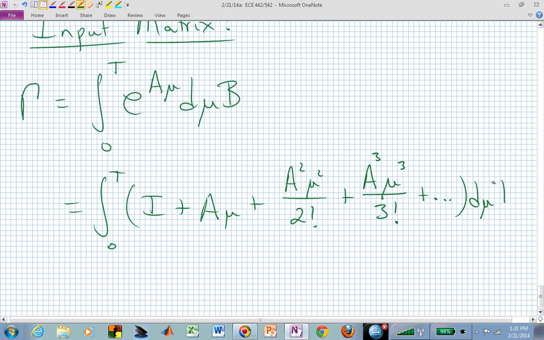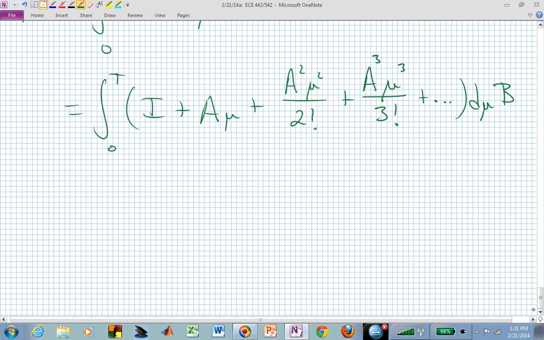d mu times B. And now we can actually integrate that term by term, and it may not look so intimidating versus trying to integrate that matrix exponential. Now if we integrate the identity, d mu, that just gives us I times mu. We integrate A mu. Again, A is a constant. We're just integrating with respect to this independent variable mu.